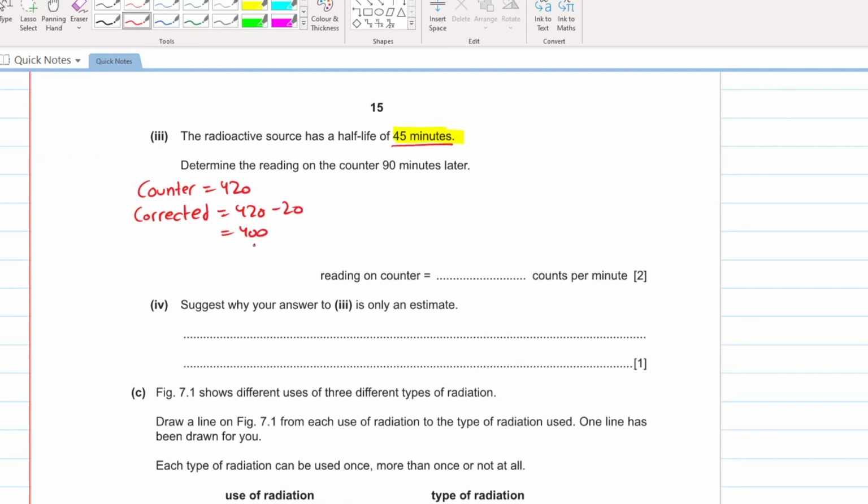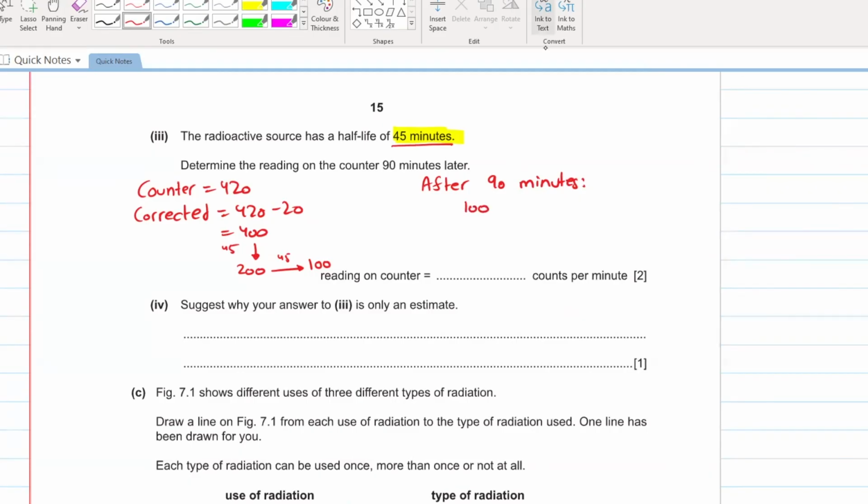After 45 minutes, this reading of 400 will become 200. After another 45 minutes, this reading of 200 will become 100. So after 90 minutes, what should be your reading? 100.